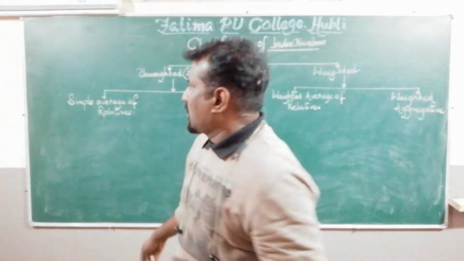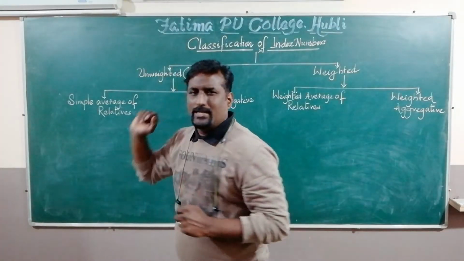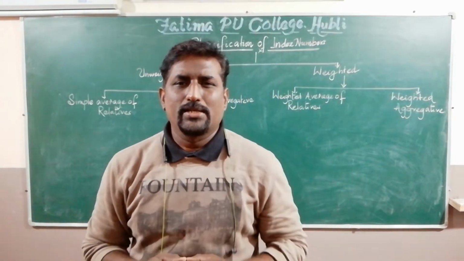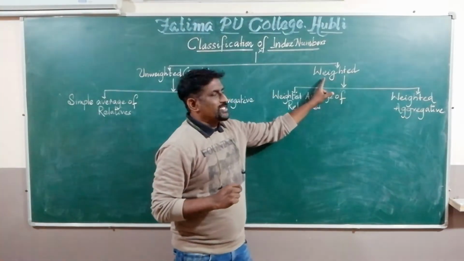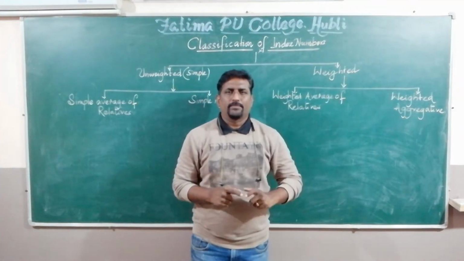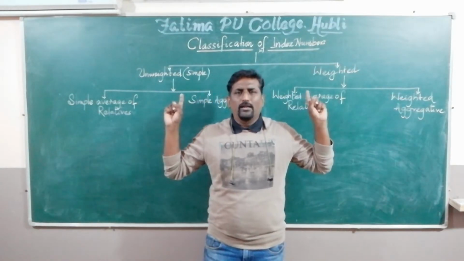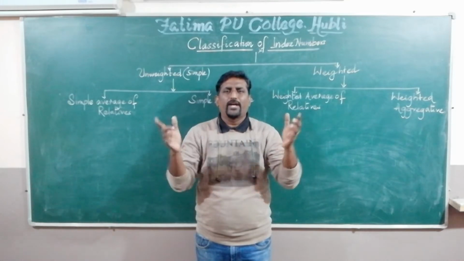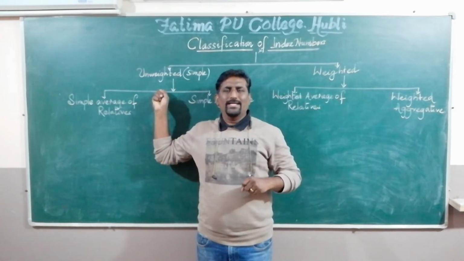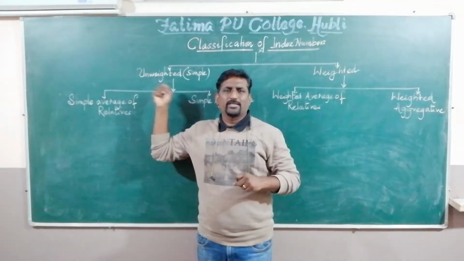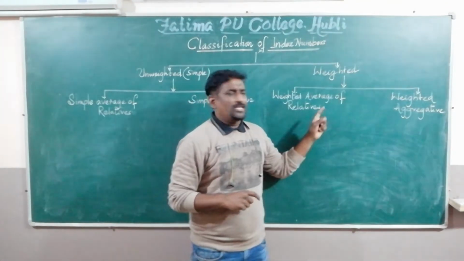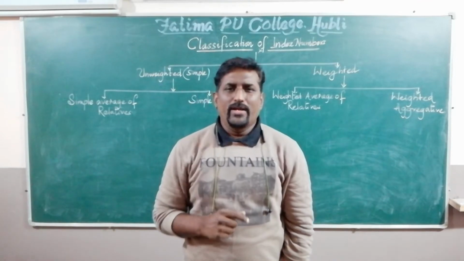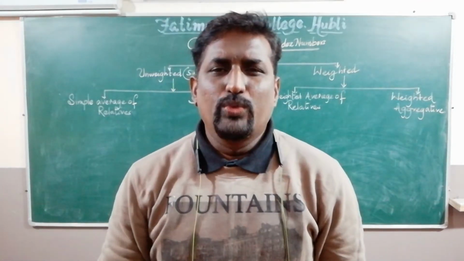Number 1, they are called unweighted index numbers. And number 2 is called weighted index numbers. So basically, there are 2 classifications: unweighted index numbers and weighted index numbers.